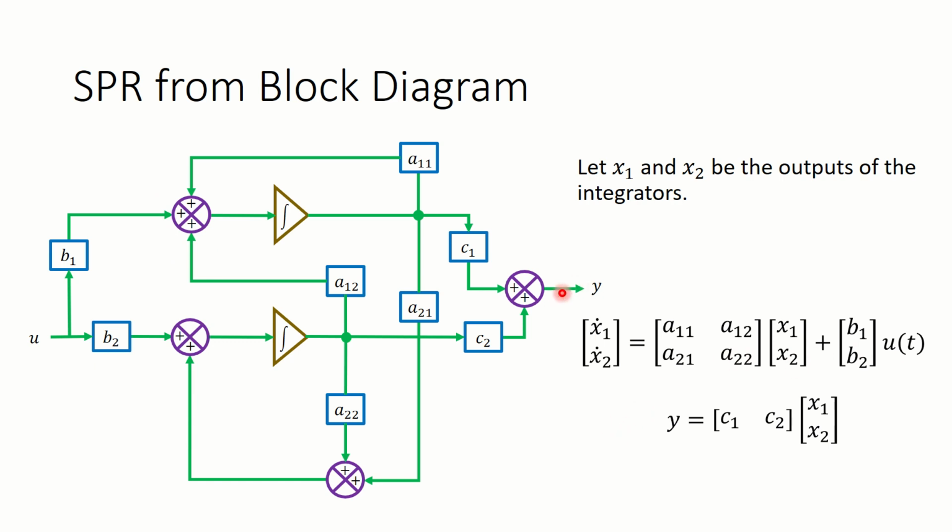What is the output y? It is taken from these two signals, c1 into x1 and c2 into x2, which add up to form y equals c1 x1 plus c2 x2. Your job is done. Given any block diagram, I am sure that you will be able to make a transfer function.